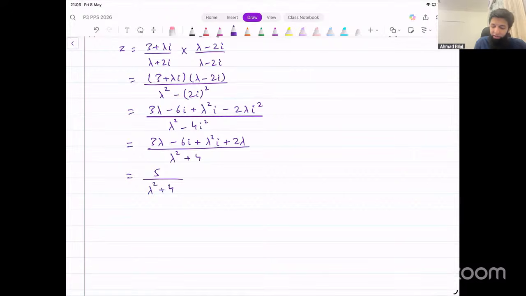That's the real part. And then the imaginary part, the terms that have i in them, we could say they are (−6 + λ²)/(λ² + 4) times i. This is what z simplifies to if we separate the real part and the imaginary part. Is that okay? Any issues with this?